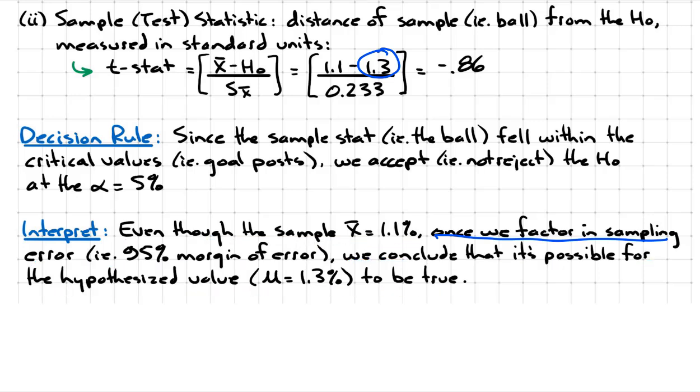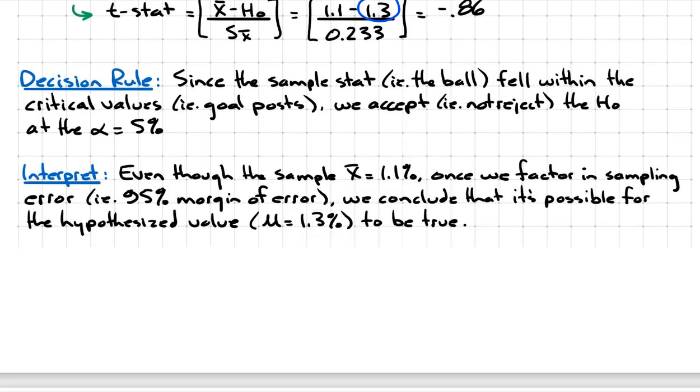In other words, we're saying that the sample being 1.1, and the fact that it's deviating from the hypothesized value, can be attributed to sampling error. And therefore, the sample could be seen as supporting the hypothesized value.